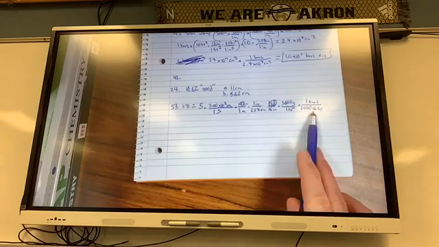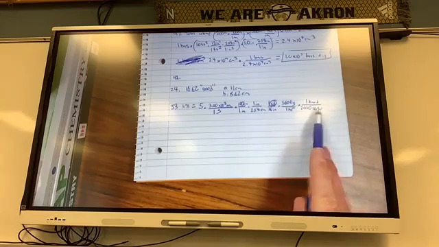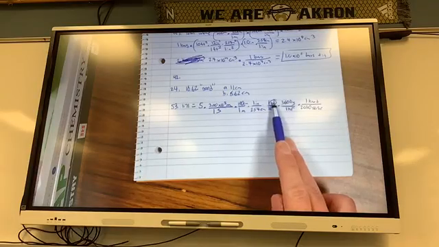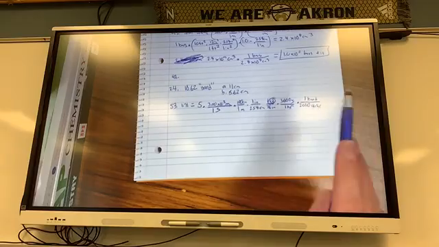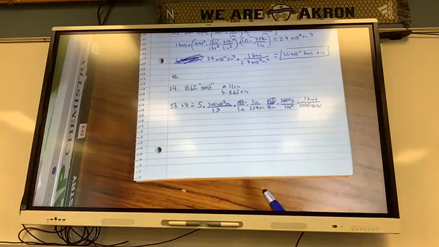If I think about this, when I'm dividing, I'm going to actually be dividing by the reciprocal, right? So this yard on the top actually would be a yard on the bottom, which would cancel out that yard. This hour, when I divide, is actually an hour on the top, which is going to cancel out that hour. So that gives me my answer in knots.